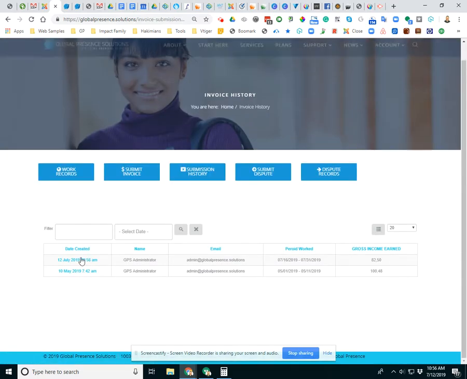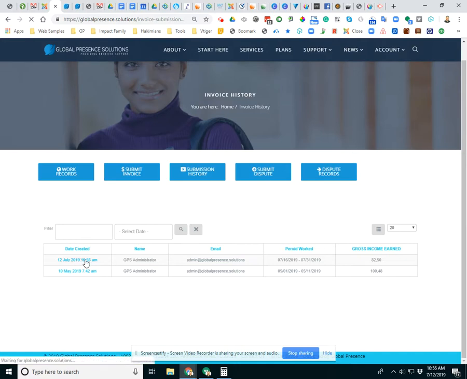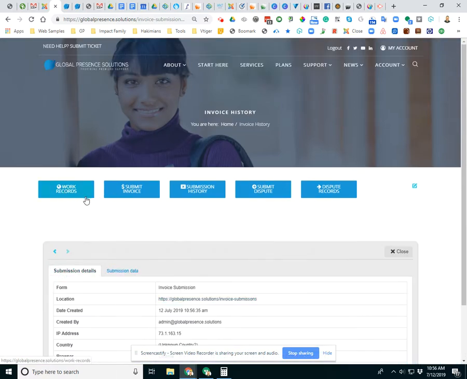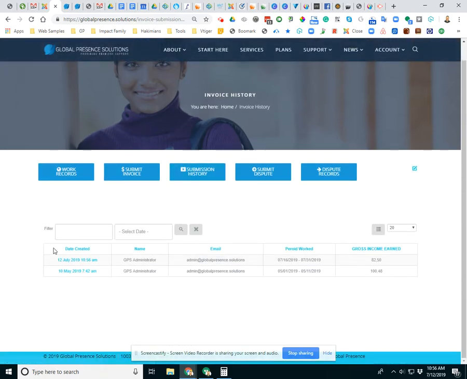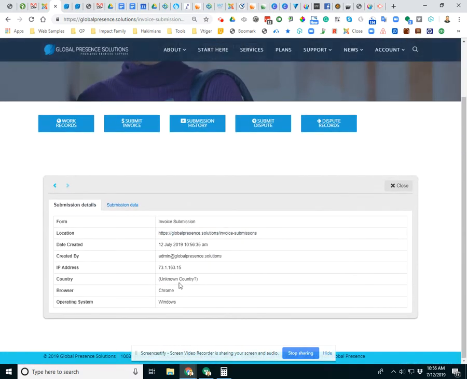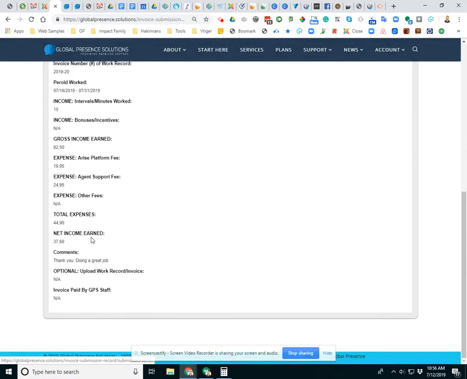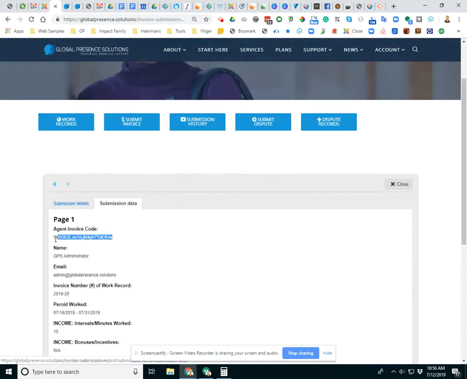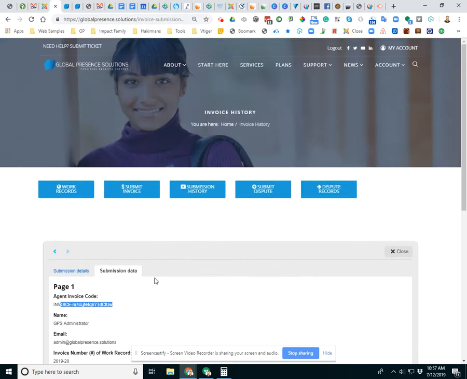And you can see it's right here. You could open up, all your work records are here. I mean, your submission history is right here. Okay. And you can open this up, it'll show you the date and time you submitted it, and this is the data right here. Okay, and then this is your agent invoice code or your invoice number that you're giving to us.